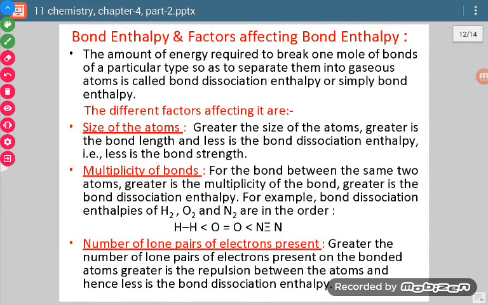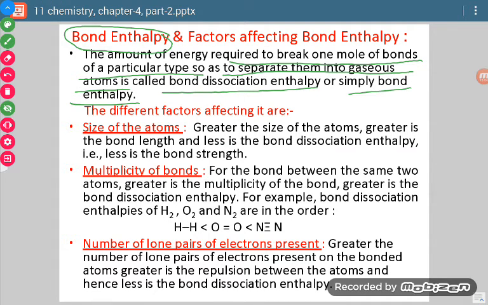Now let us come to bond enthalpy. What is bond enthalpy and what are the different factors which affect it? Bond enthalpy is the amount of energy required to break 1 mole of bonds of a particular type so as to separate them into gaseous atoms, and is called bond dissociation enthalpy, or simply bond enthalpy. We take 1 mole of a molecule in which there is a bond.